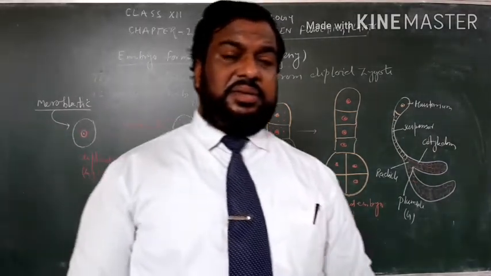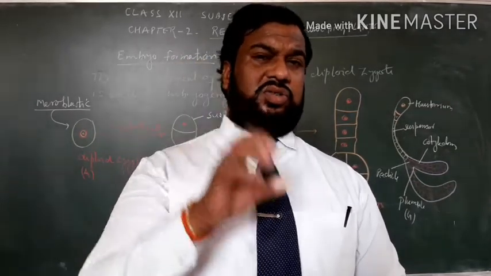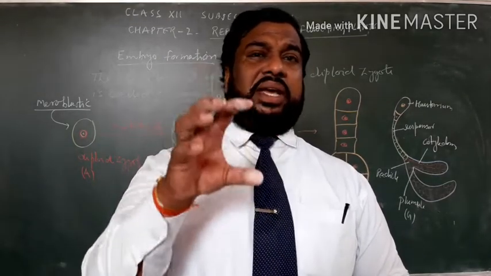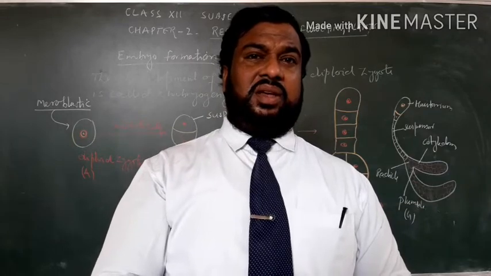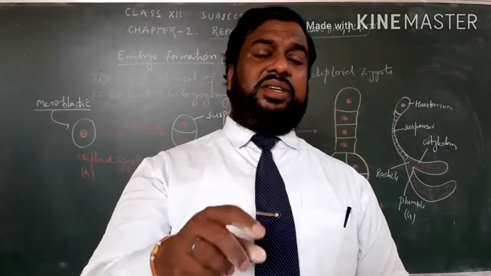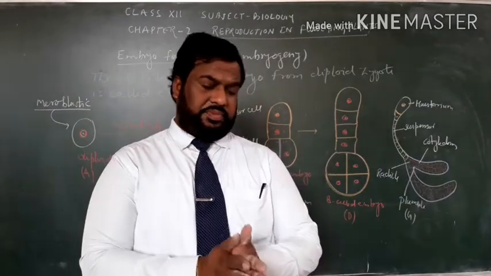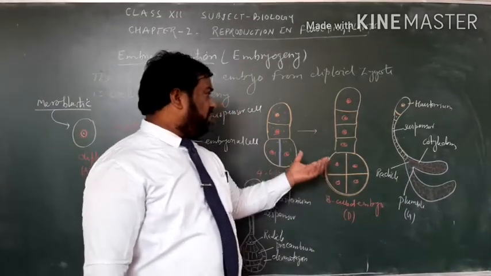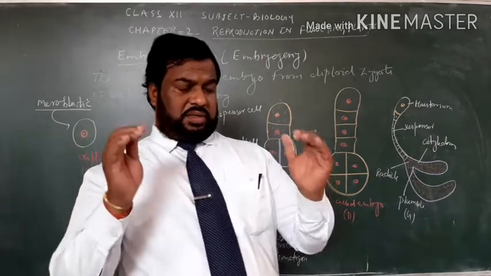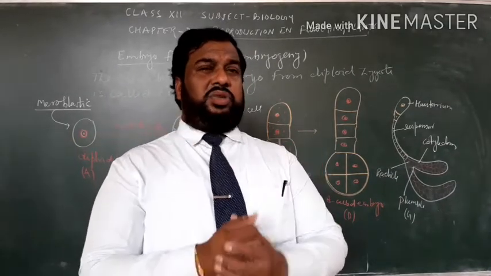One thing more here. The formation of haustorium or haustorial cell is to take nourishment from the endosperm and provide it to the growing embryo. Dear student, from the egg cell, this is the embryonal mass having two tiers.